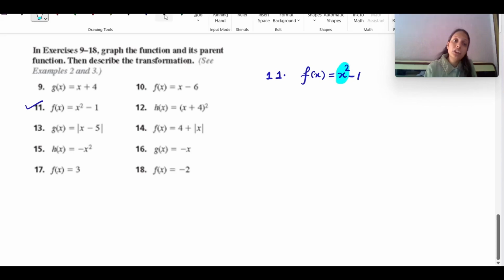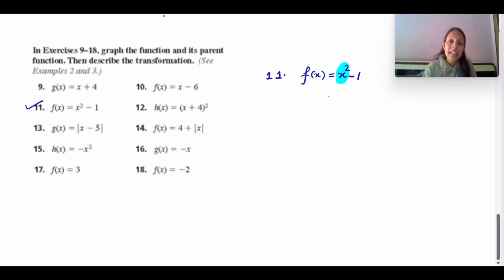It's a quadratic function. And what is the extra thing? Minus 1. Whenever an extra outside thing is added or subtracted, it's a vertical translation. So minus 1 means down. So the function is shifted 1 unit down. Which function? The original x squared function.